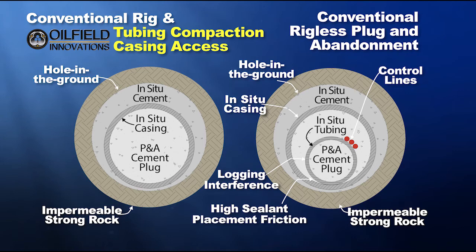Conventional rigless P&A is a proven technology, but unfortunately, it cannot deliver the same scope of work as a drilling rig. But fortunately, tubing compaction can use the same tools and logistics of rigless plug abandonment to deliver the same scope of work as a drilling rig.